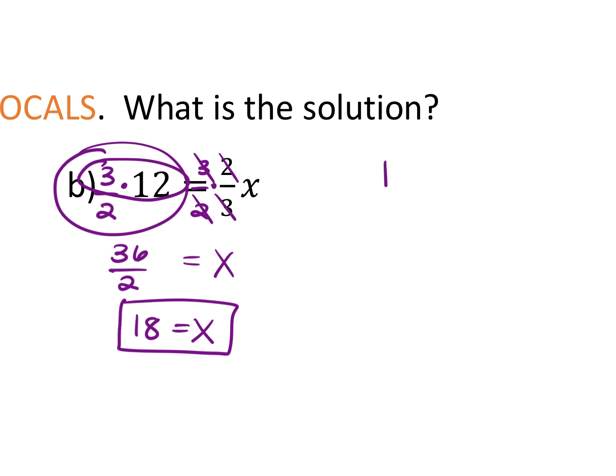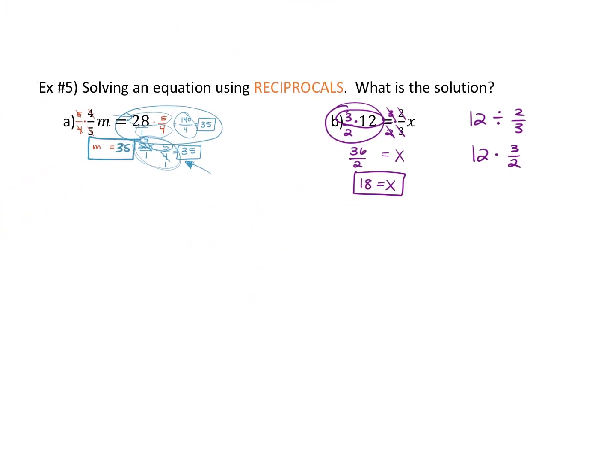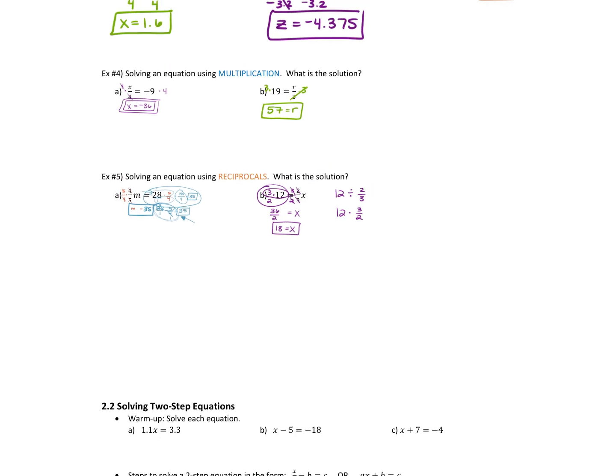If I have 12 divided by 2/3, that's the same as 12 times 3/2, right? When dividing fractions, don't be shy, flip the second guy and multiply instead. So yeah, multiply by the reciprocal. Okay? Questions on that?